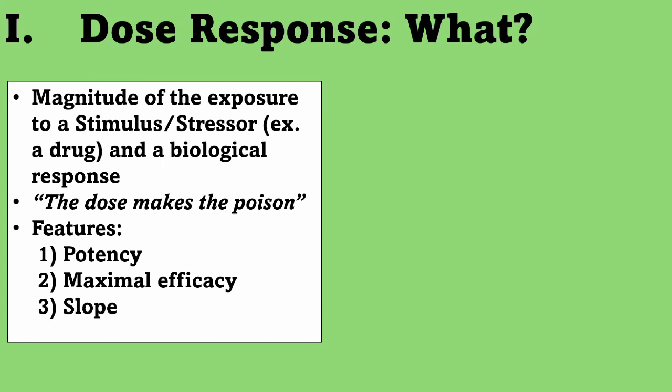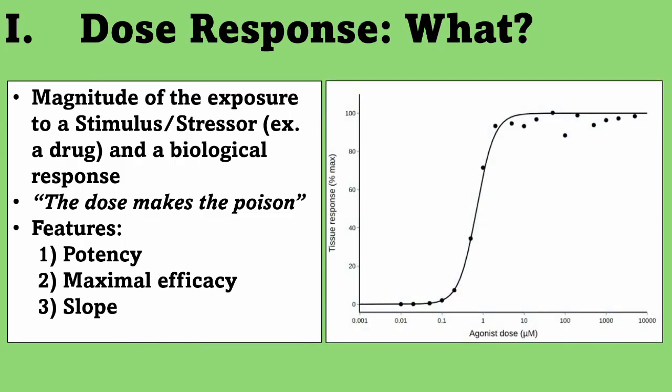So potency is the location of a curve along a dose axis. The image I have is of a classic dose response curve. On the y-axis is the response, in this case tissue response. On the x-axis, we have the dose, and it's almost always shown in log.